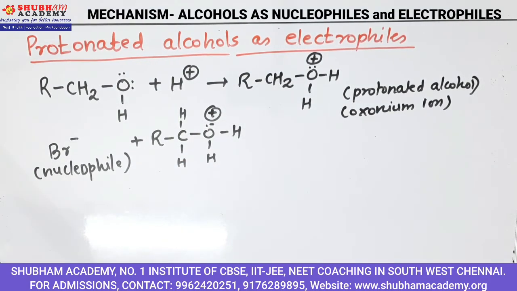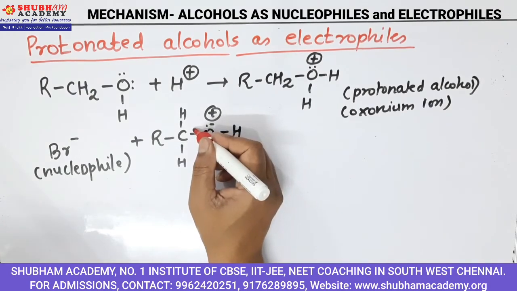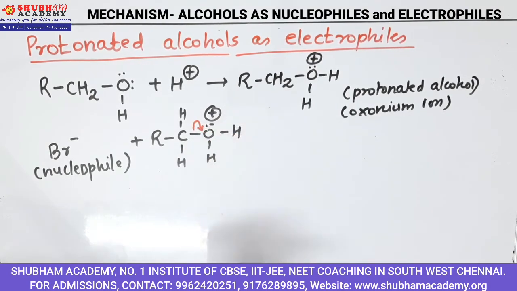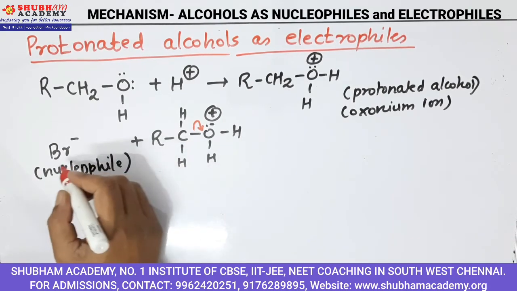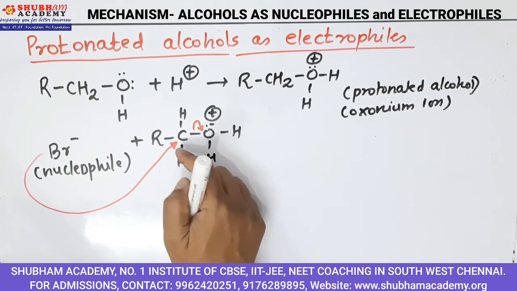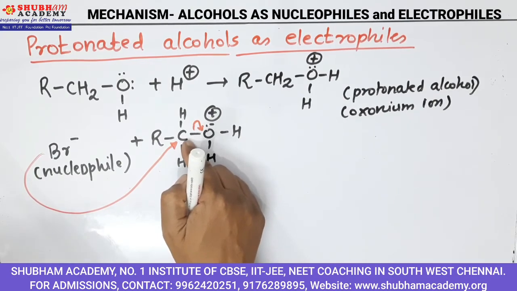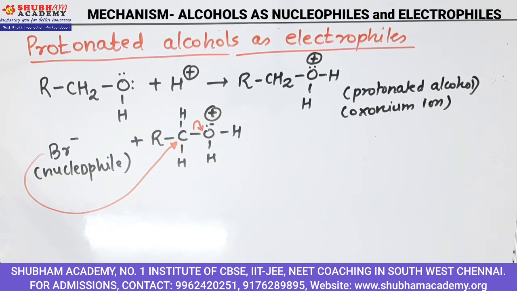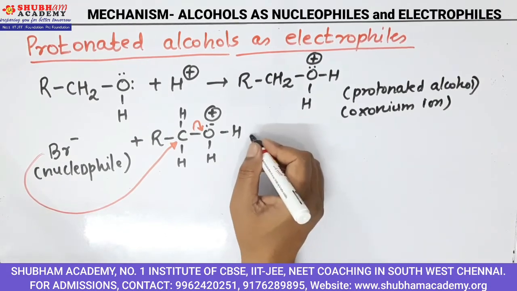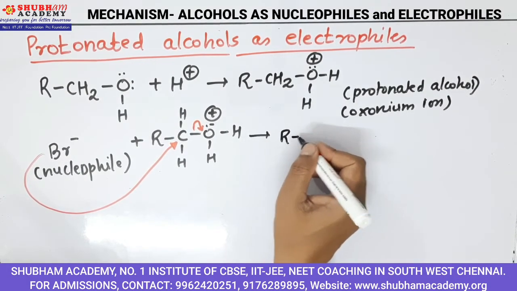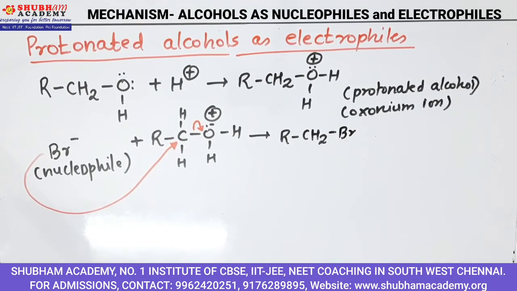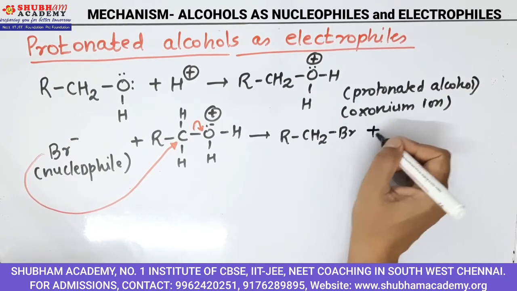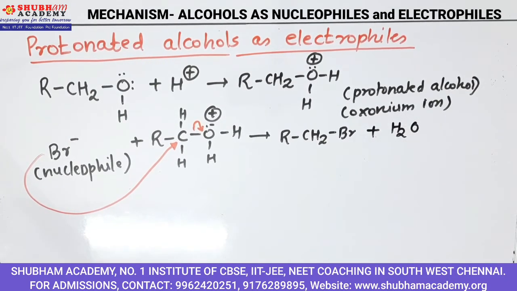So what happens, this bond between C and O is broken in the direction of O. Carbon gets a positive charge. Once carbon gets a positive charge, this Br minus attacks this positive center, right. So you will get the product as RCH2Br, right, plus H2O, okay.